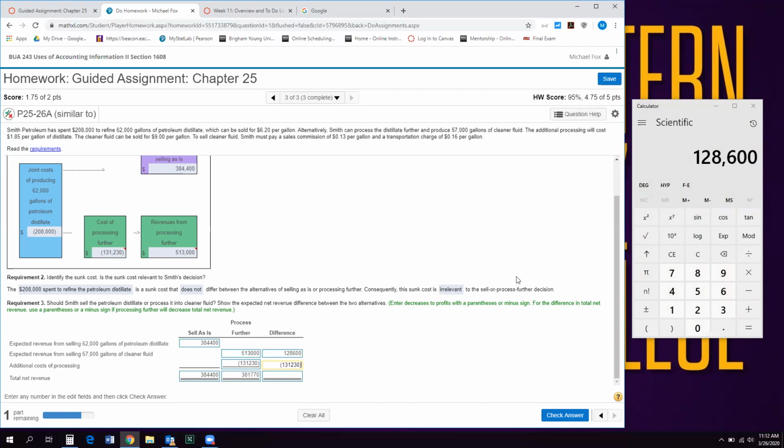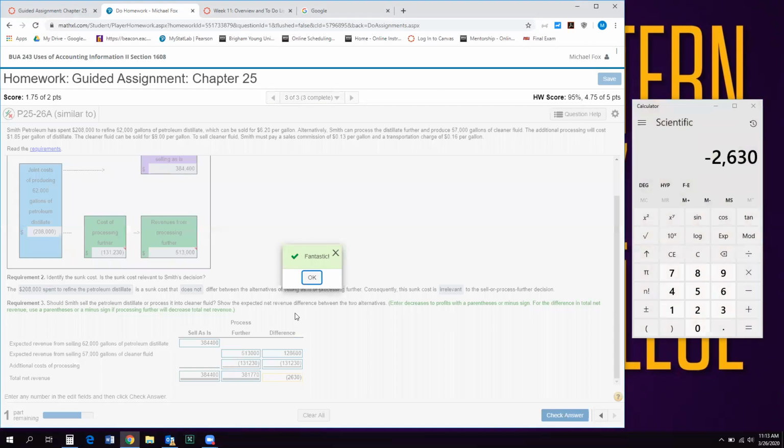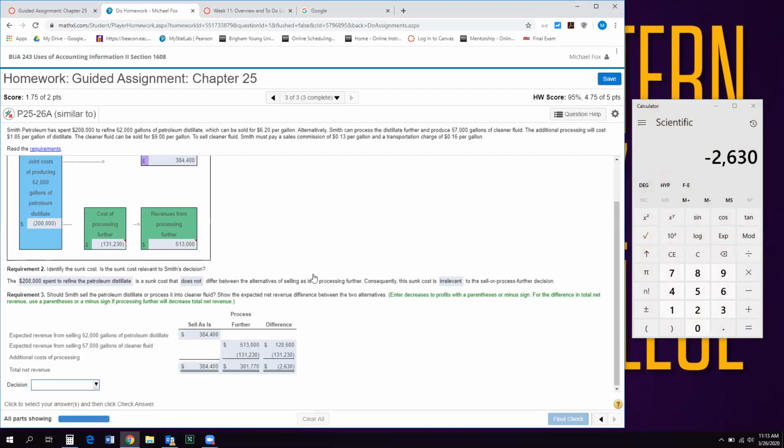Our net revenue then is going to be negative, right? 128,600 minus 131,230, negative 2,630. So our decision would be to sell it as it is, right? We're going to make more money by selling it as it is rather than processing it further.